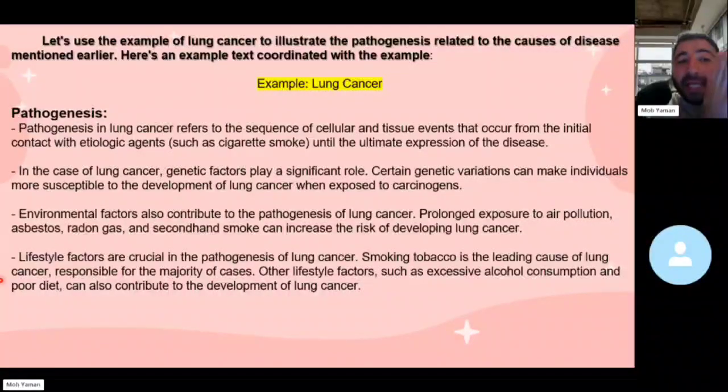In the case of lung cancer, genetic factors play a crucial role. Some variations in genetic factors can put individuals at risk of developing lung cancer, when there is cancer in one member of the family, or a history in the patient himself.